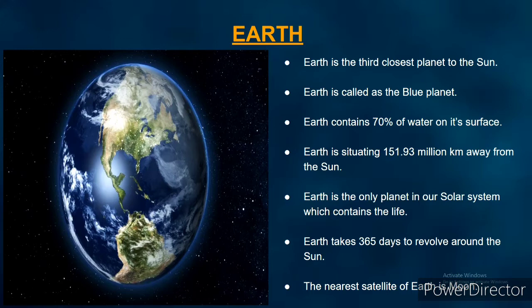Earth is the only planet in our solar system which contains the life. Earth takes 365 days to revolve around the Sun, and the nearest satellite of the Earth is the Moon.